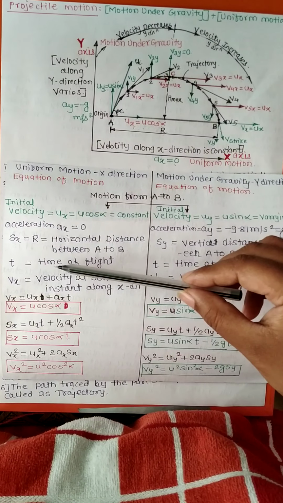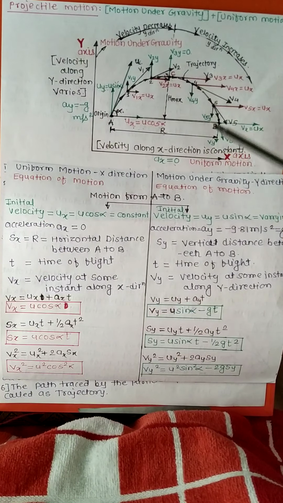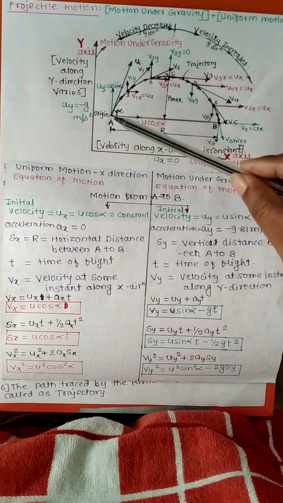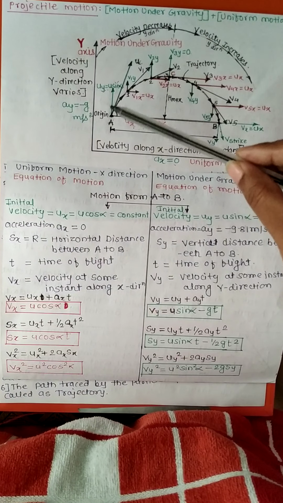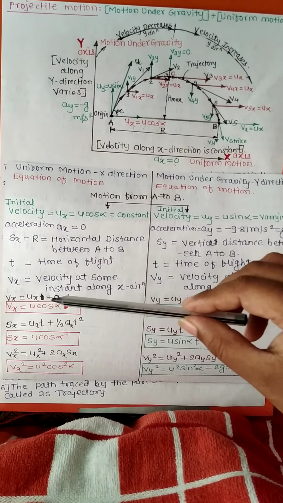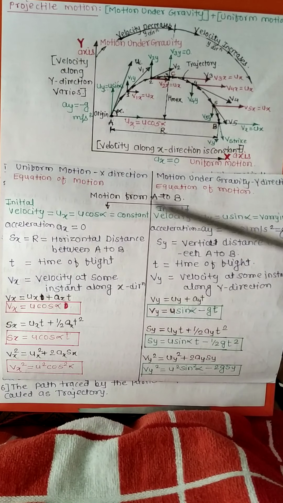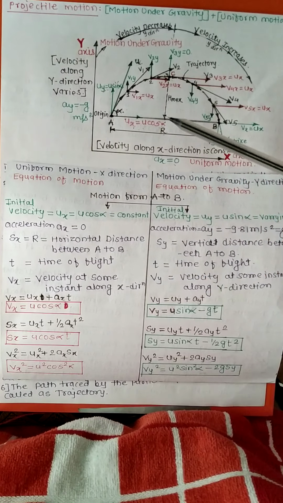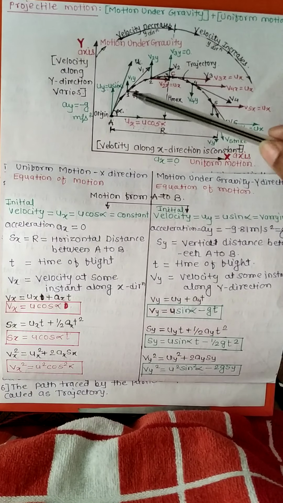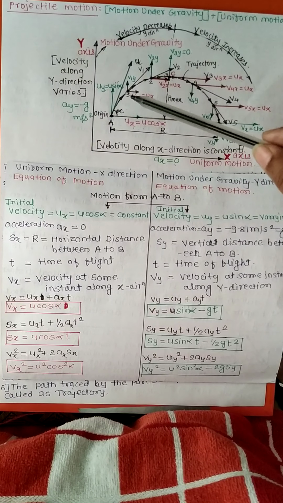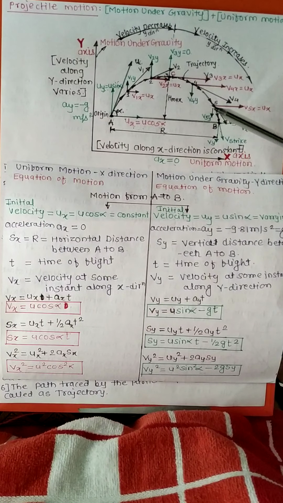Now t is nothing but the time of flight, which is required for a particle or projectile to travel from point A to B. Vx is the velocity at different instants of time. We can say Vx is the velocity along the x direction, Vy is the velocity along the y direction. You can see the points I have highlighted, 1, 2, 3, 4, 5, and this is the point at B.